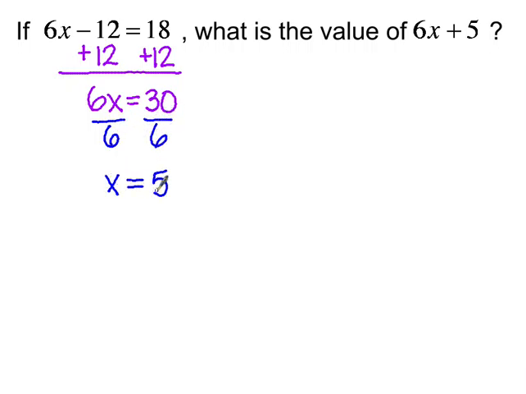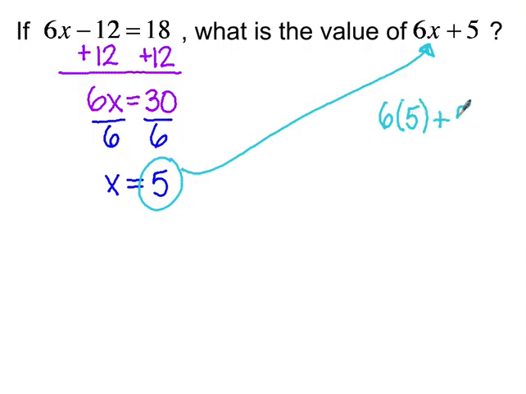Now what I need to do is once I get that 5, I need to take that and plug it in over here. So I get 6 times 5 plus 5. What value does that give me? 35. Good job. Questions? We got one more to go.